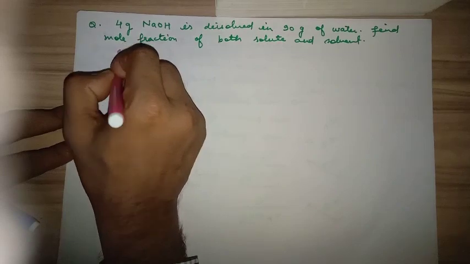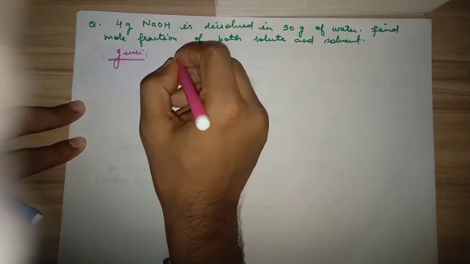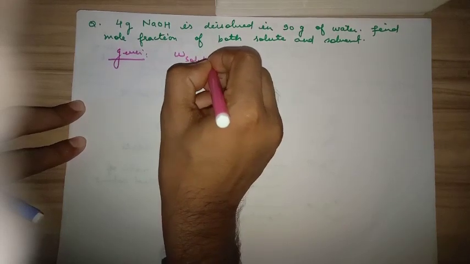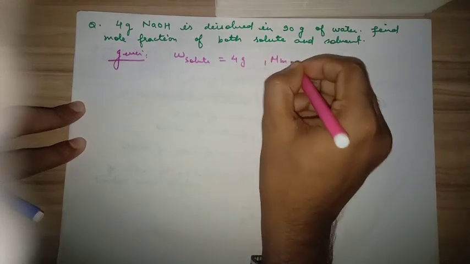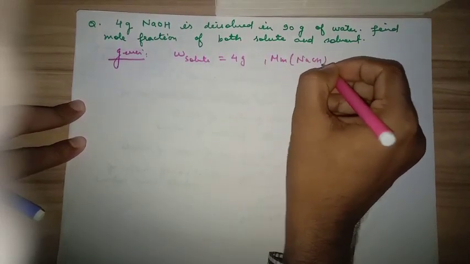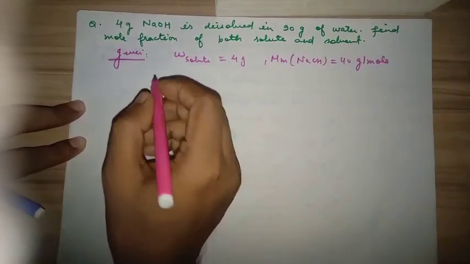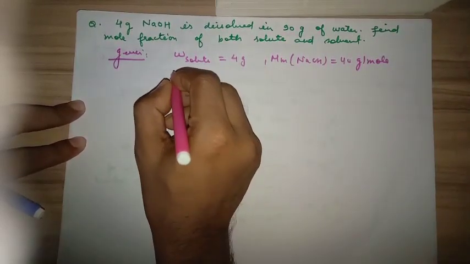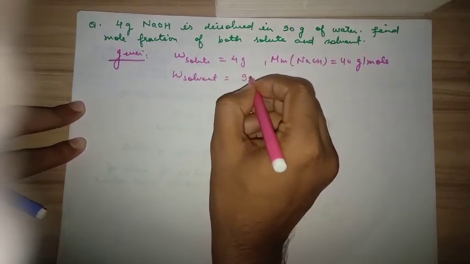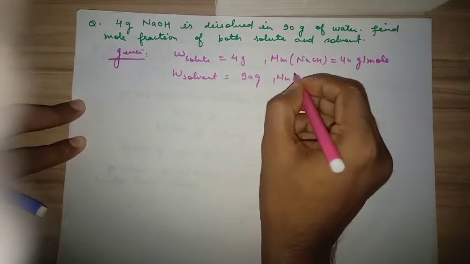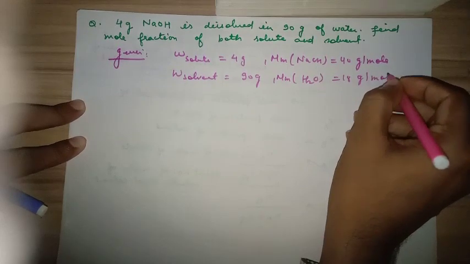So here given, weight of solute is 4 gram. Now molar mass of NaOH will be 40 gram per mole. For water, that is the solvent, weight is 90 gram. Its molar mass, of H2O, is 18 gram per mole.